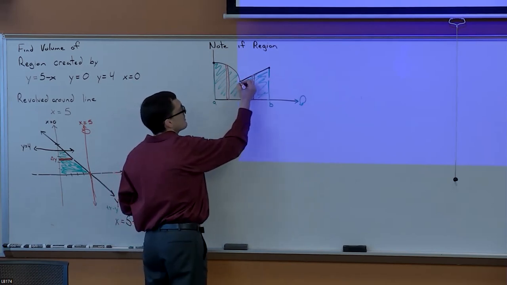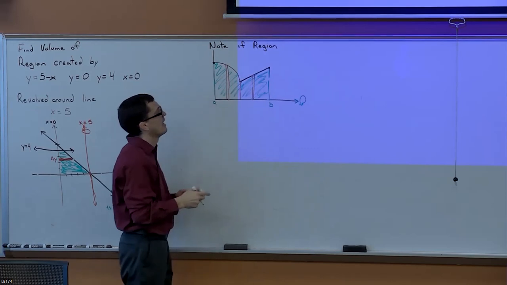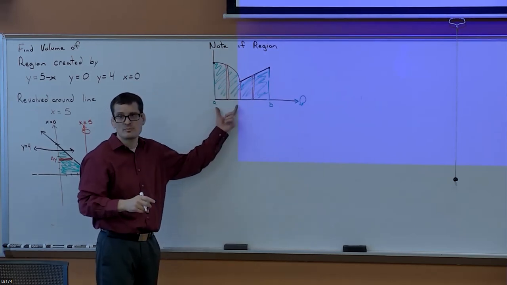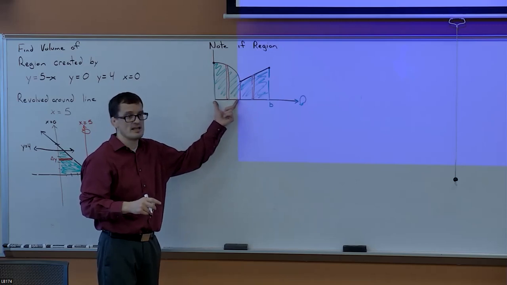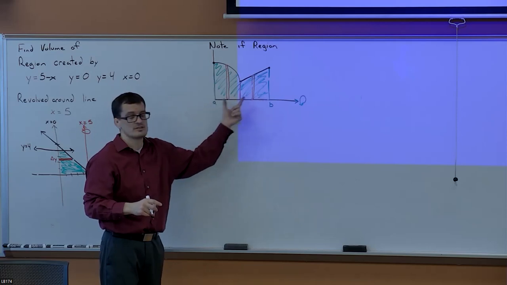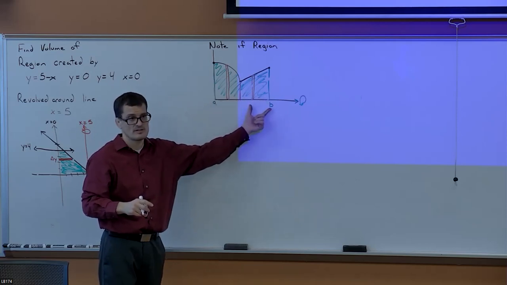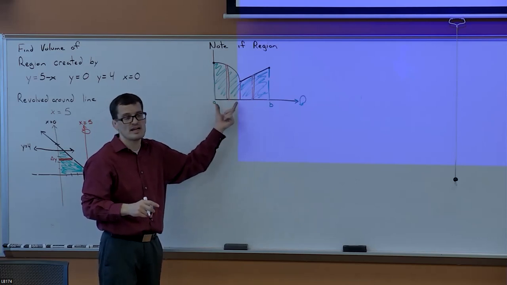So if your rectangles in a certain part of your region are determined by one line, and rectangles in the other part of the region are determined by another, what you're going to have to do is split that region up into two pieces. Okay?